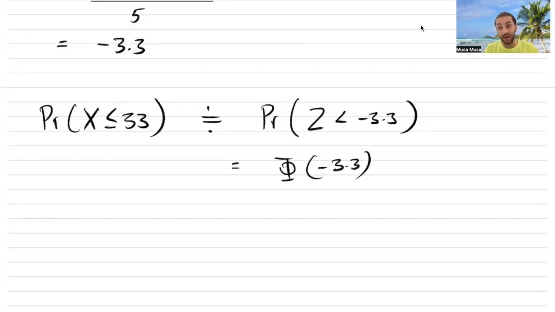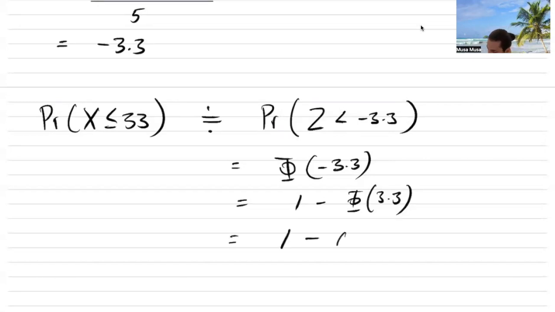We don't have phi values for negatives, so this is the same as 1 minus phi of 3.3. Then go back to the table that's in one of our booklets, or in one of the other videos, or just Google it. I'm going to find 3.3, and there we go. One minus 0.99952.